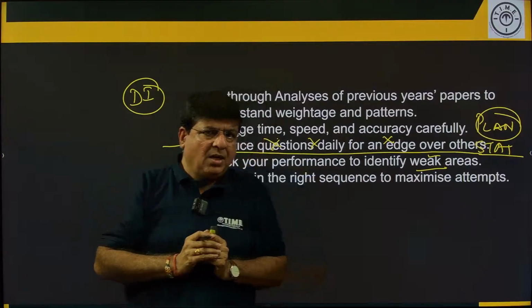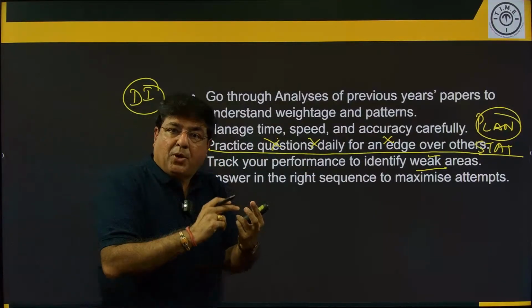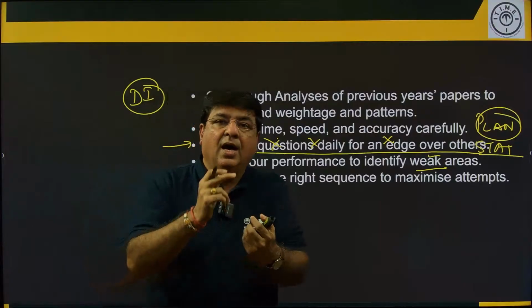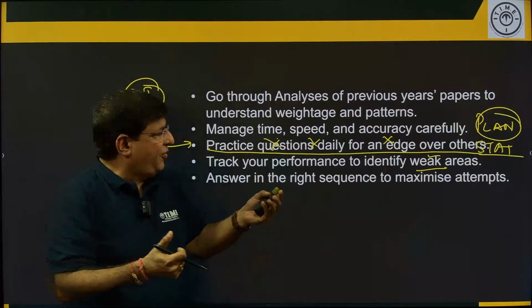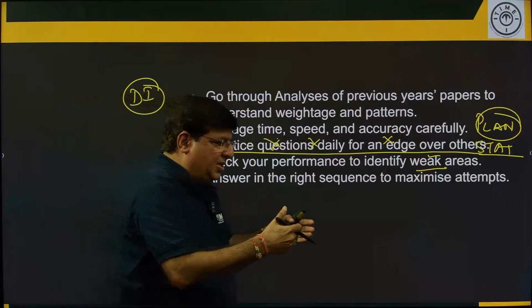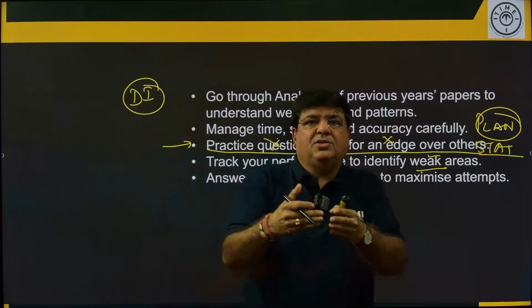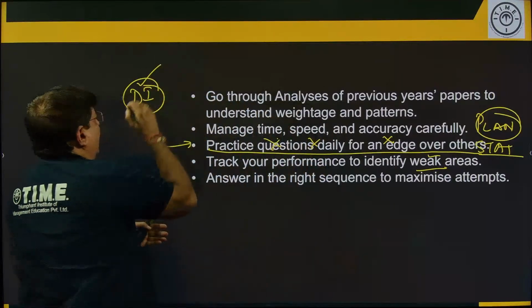Bank exams especially, don't start with DI. Start with topics like simplifications, approximations, series, arithmetic questions, quadratic comparison, very easy questions. So first attempt questions from simplifications, approximations, number series, quadratic comparison, and then you go on to answer DI.